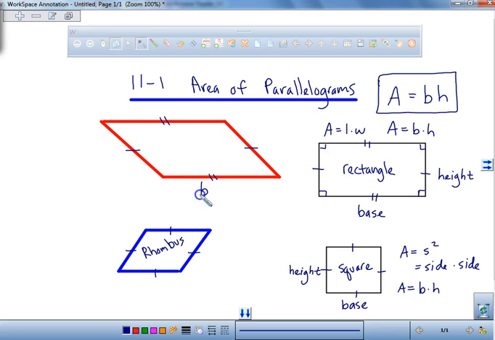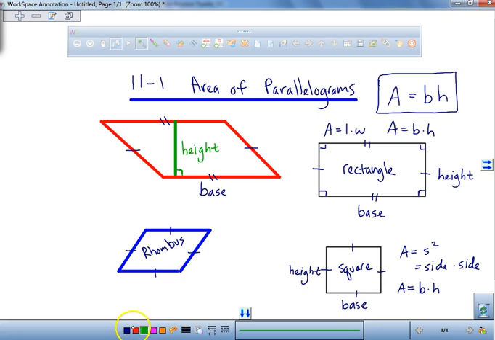However, if you call this the base, this slanted length is not the height. The height is the straight up and down distance from one base to the other base. You have to figure out what this length is. This is called the height of this parallelogram.